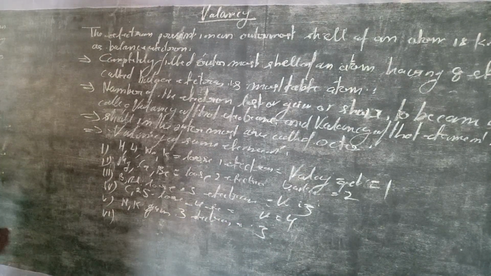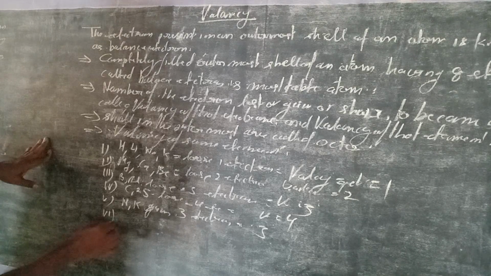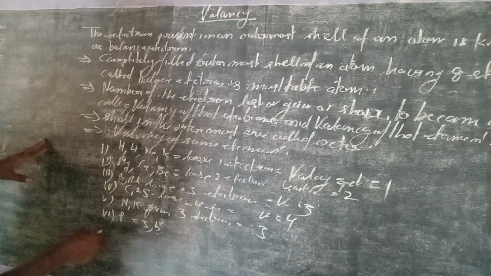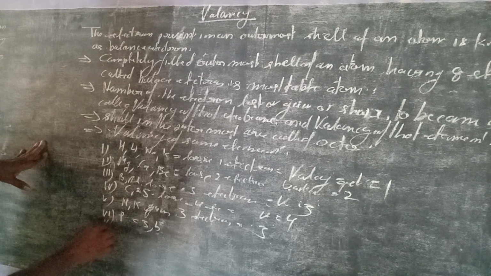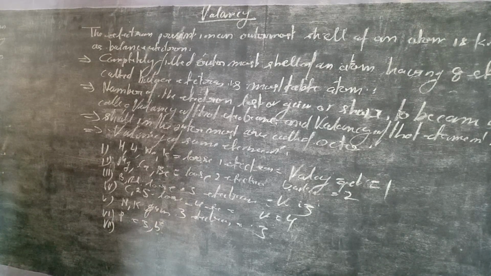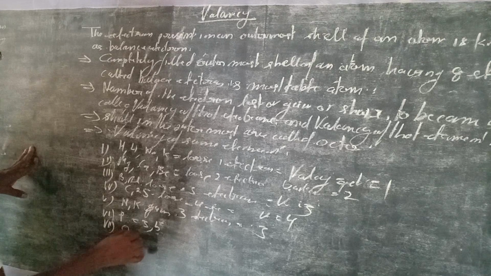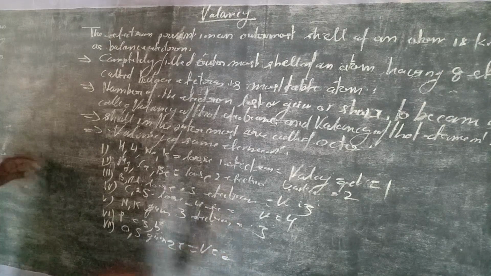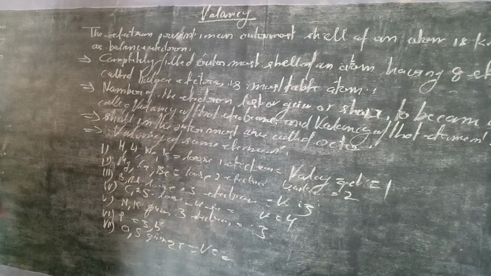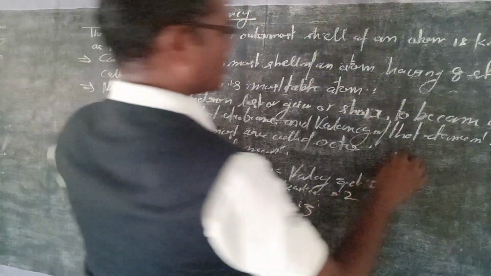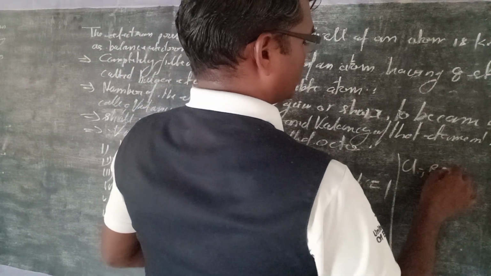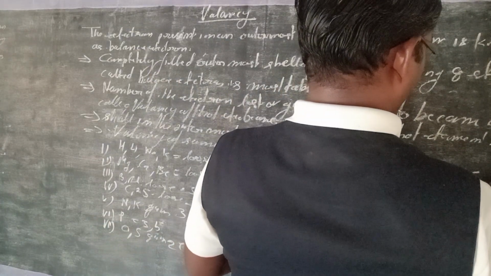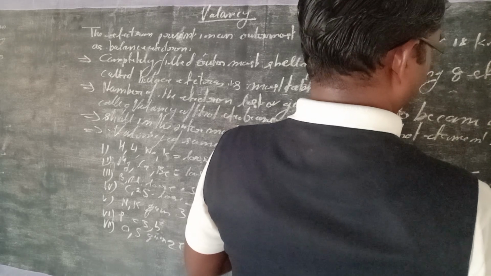Sixth, phosphorus has valency 3 and 5. Seventh, oxygen and sulfur gain 2 electrons, so valency is equal to 2. Chlorine, bromine, iodine and fluorine gain 1 electron, so valency is equal to 1.